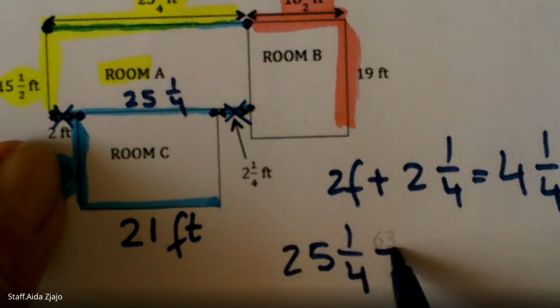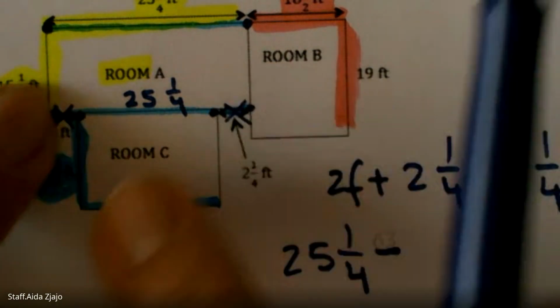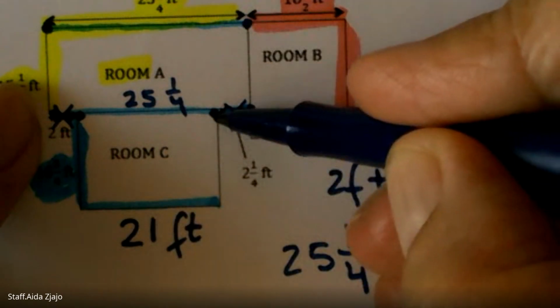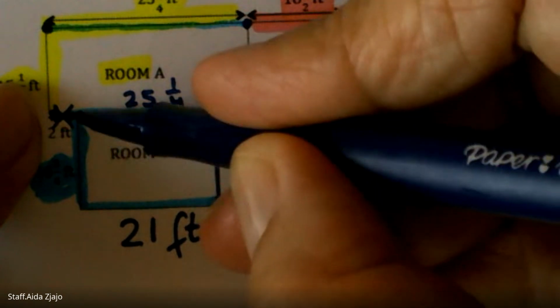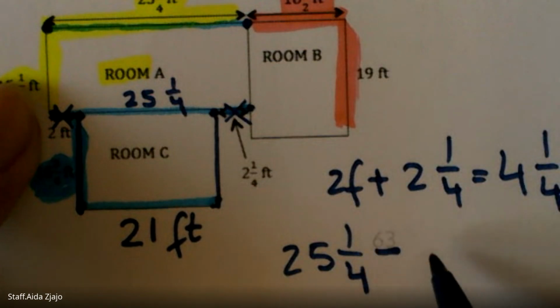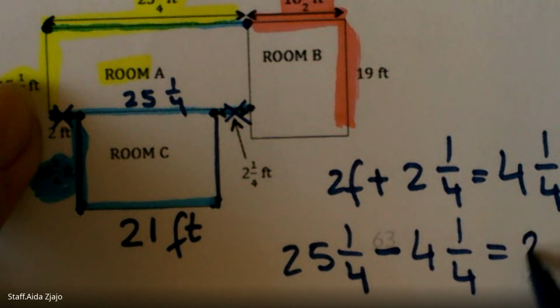So I needed to subtract this to find what this length here is, from here to here. 25 minus 4 1/4 equals 21 feet.